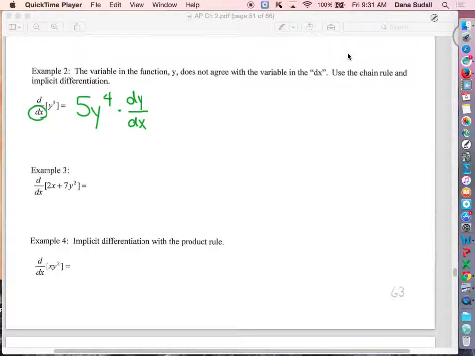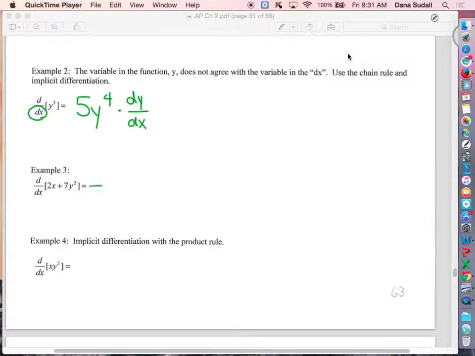So anytime you take the derivative of a variable that's not an x, and you're taking the derivative with respect to x, you'll have dy over dx with it. If your variable was a z, you would have dz over dx with it. Just depends what the other variable is. So if you have any variables that are not an x, you'll put a dy over dx with it.